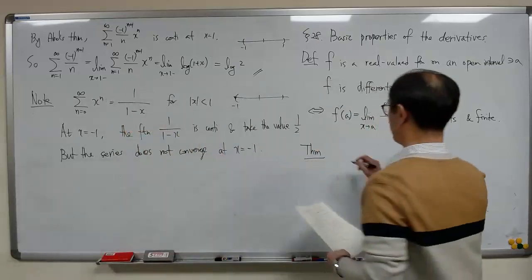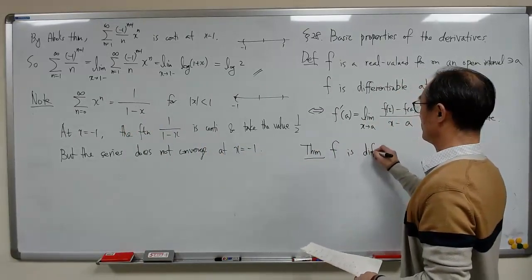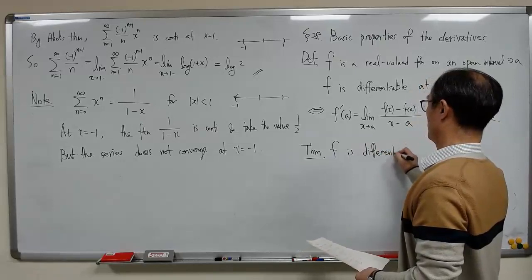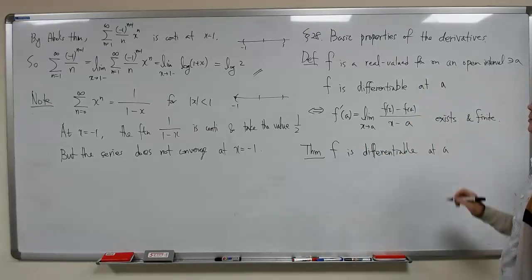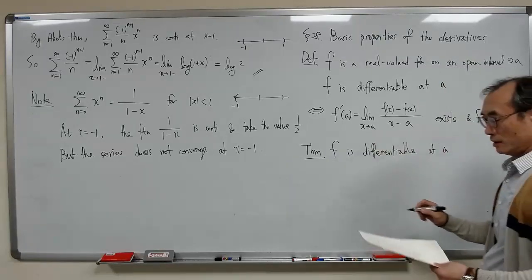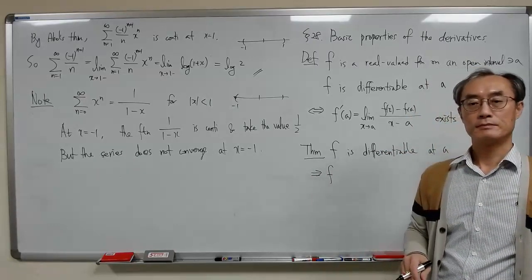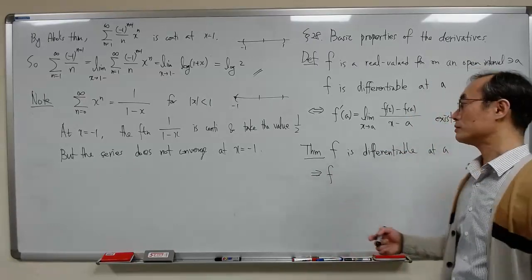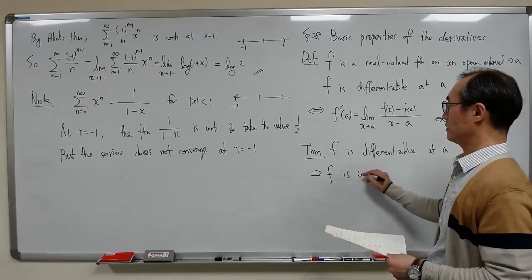But if the function f is differentiable at a point a, that means this limit exists, then continuity is also true under this assumption. The function f is continuous.